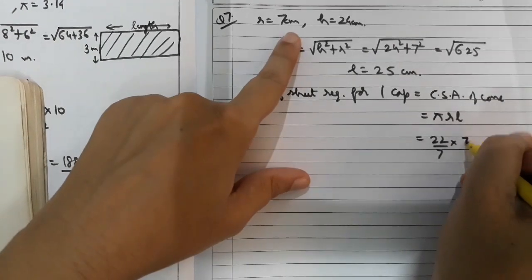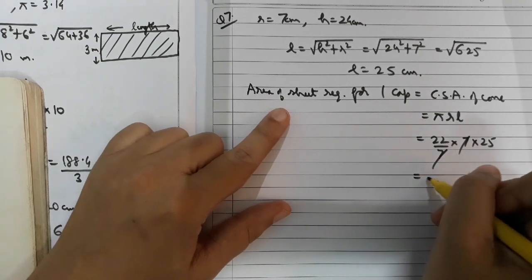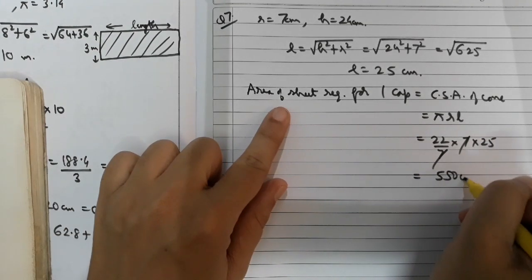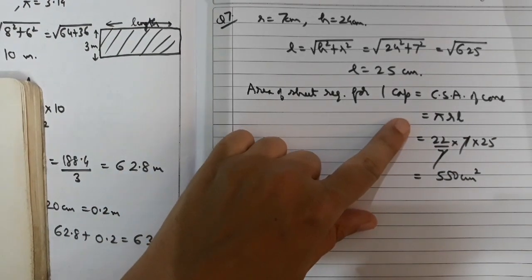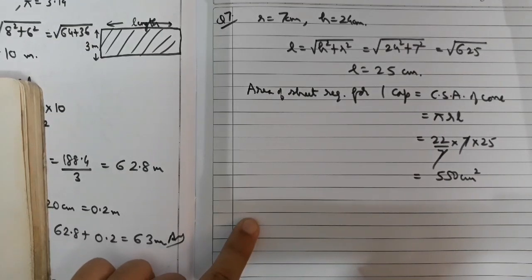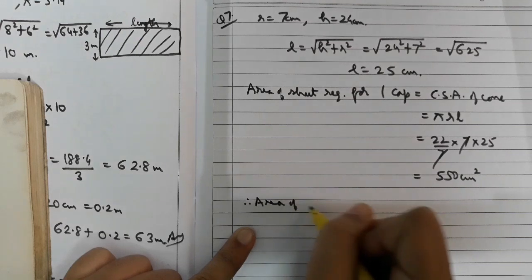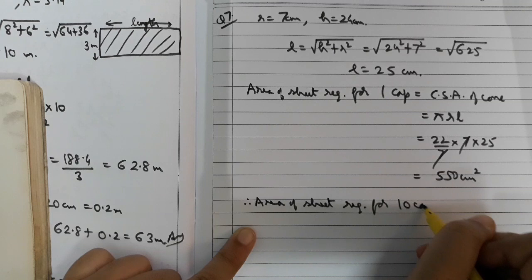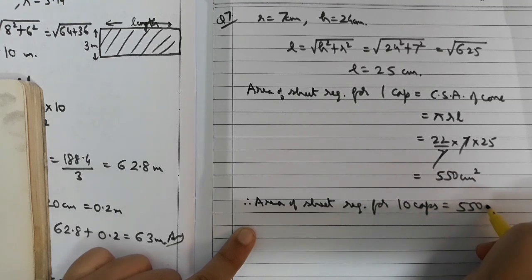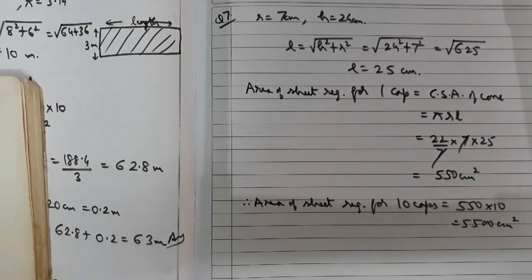Pi r is 7, into L is 25. 7 and 7 get cancelled. So this comes out to be 550 centimeters square. This is the area of sheet required for one cap. But how many caps do we have? We have 10 caps. Therefore the area of sheet required for 10 caps would be equal to 550 into 10, which comes out to be 5500 centimeters square.